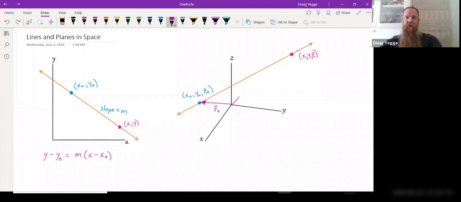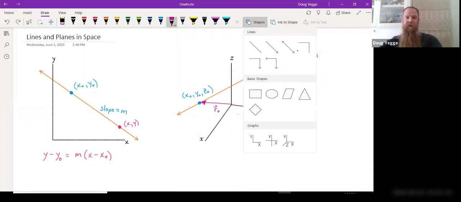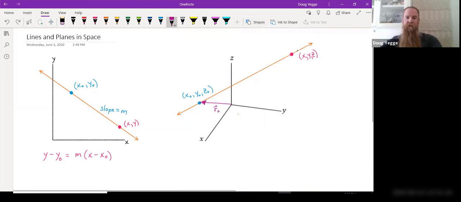If I extend this all the way, okay, we've got another position vector of this other random point on the line, which we're just going to refer to as R.